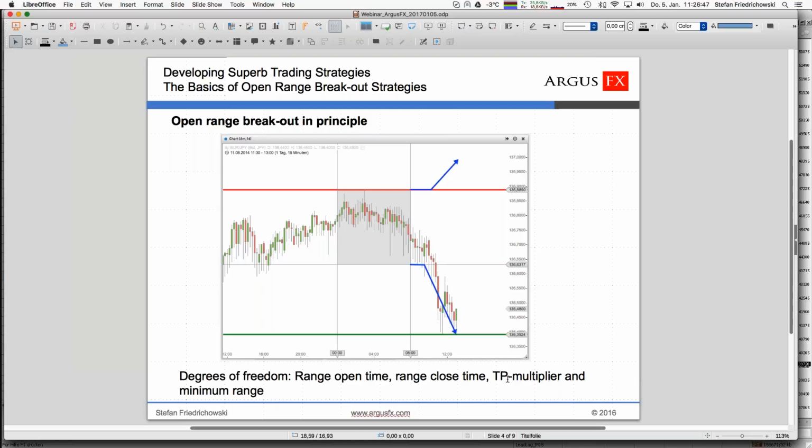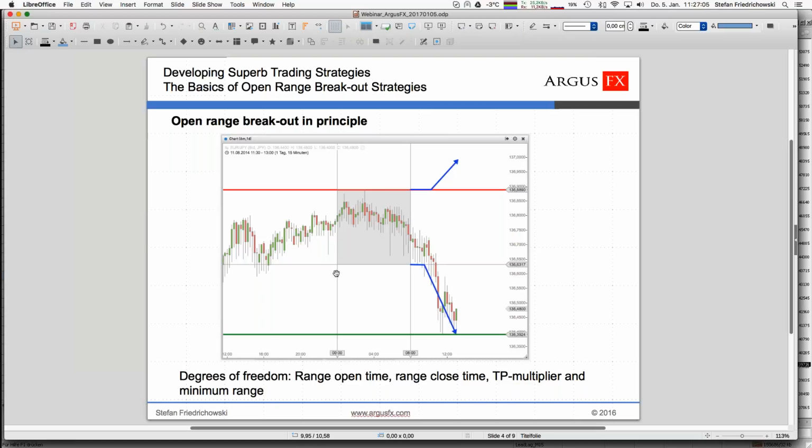Later, it turned out, during the investigation of that kind of strategies, that it's good to have a 4th degree of freedom. And the 4th degree of freedom in this case is a minimum range. What does it mean?